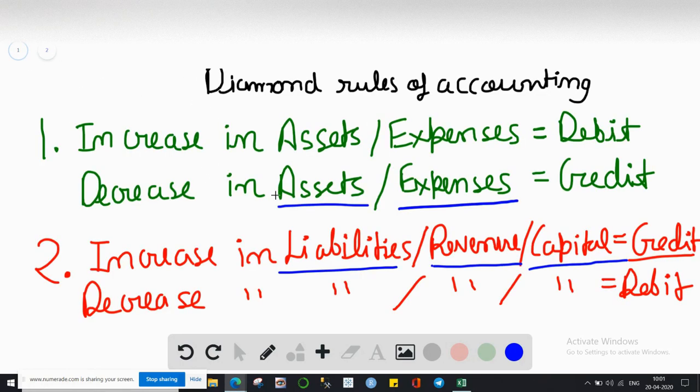So as per the rules, whenever there is an increase in revenue, that will be represented by a corresponding credit to revenue.